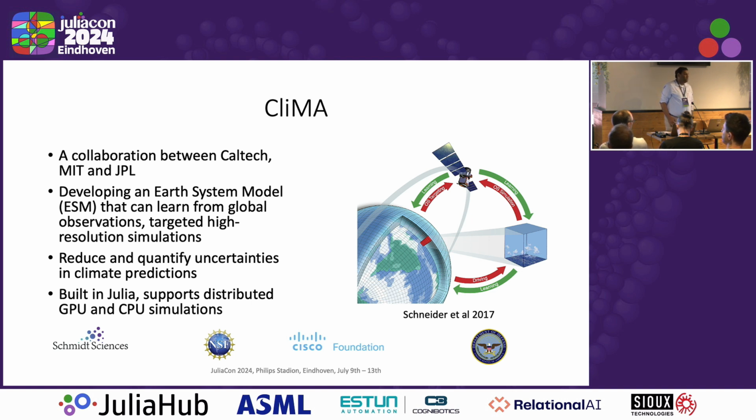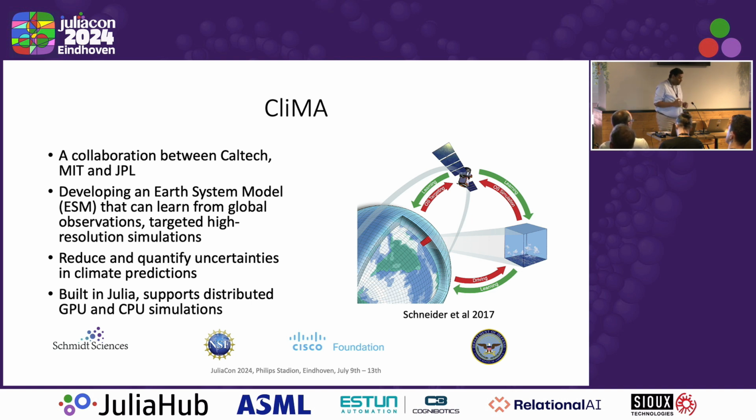So these Earth system models use a lot of parameterizations for various pieces like clouds, turbulence, convection schemes, etc. And based on the quality of these parameterizations, this can result in uncertainties in climate models.